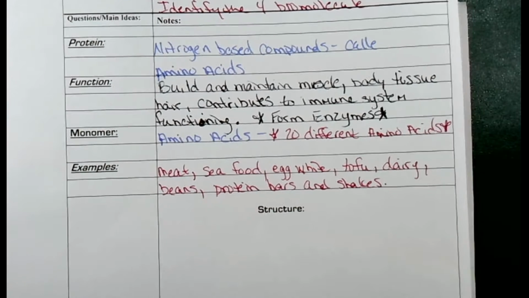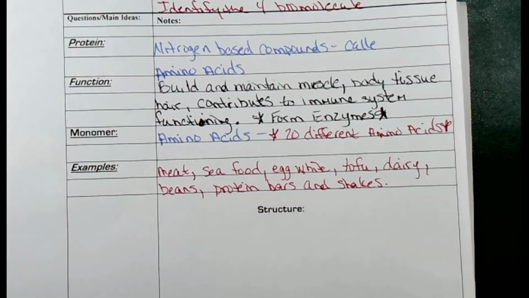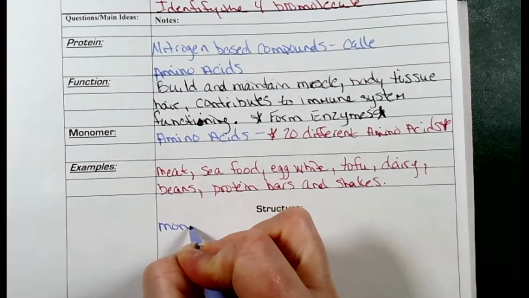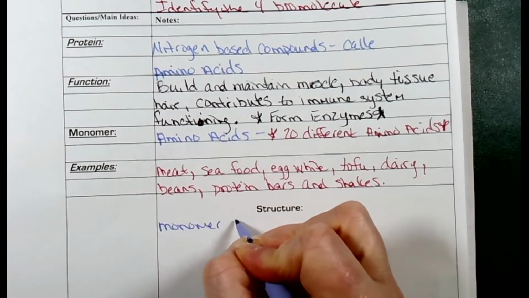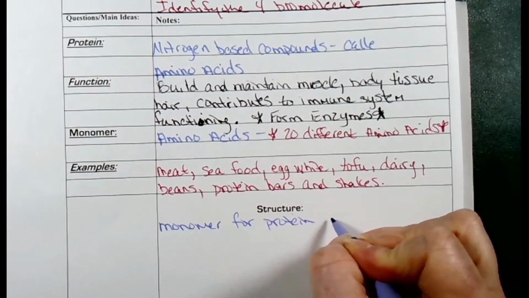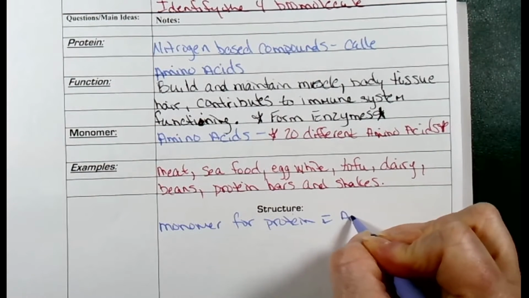Now when it comes to the structure, this is one of your basic structures. We're not diving into the functional groups or anything right now, just the basic structure of an amino acid chain. So again, remember a monomer for protein is an amino acid.